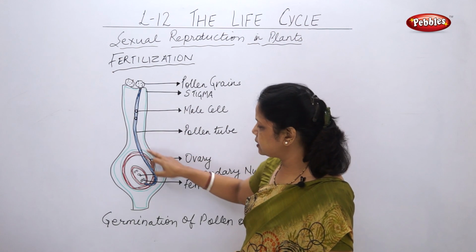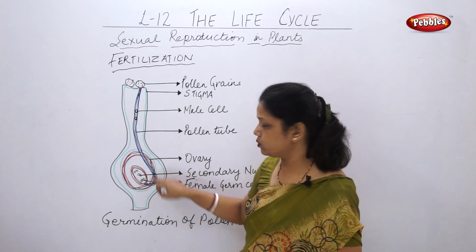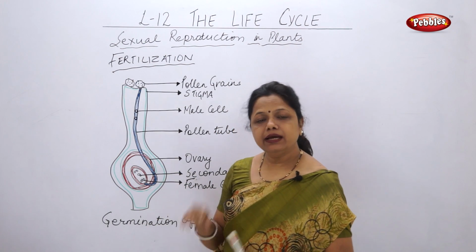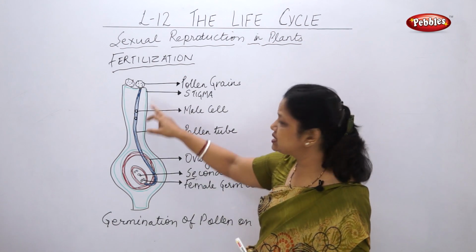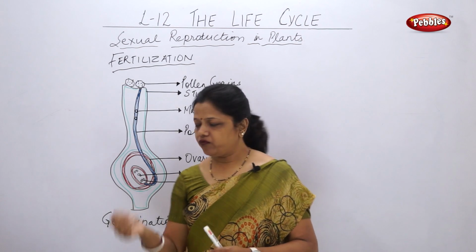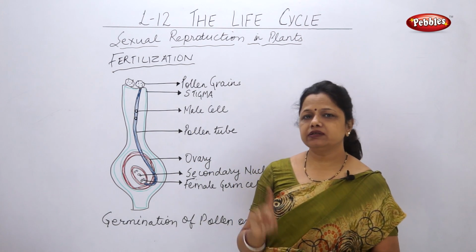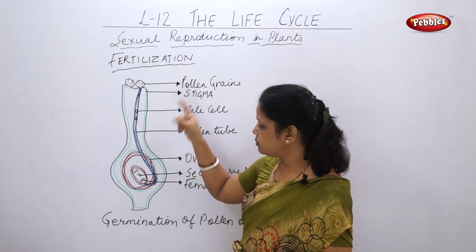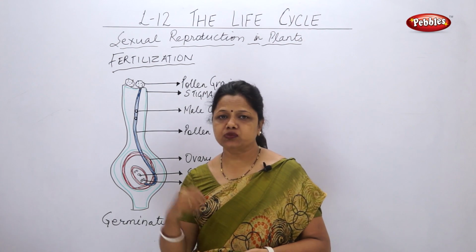The second male cell comes and fuses with the secondary nucleus in the embryo sac. This is called the embryo sac. Inside there is another type of nucleus present which fuses with the second male cell, and they form endosperm. So the first fusion between the male cell and the female germ cell results in the formation of zygote, and the second male cell fuses with the secondary nucleus to form endosperm.